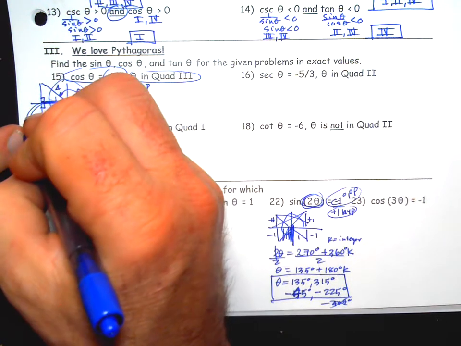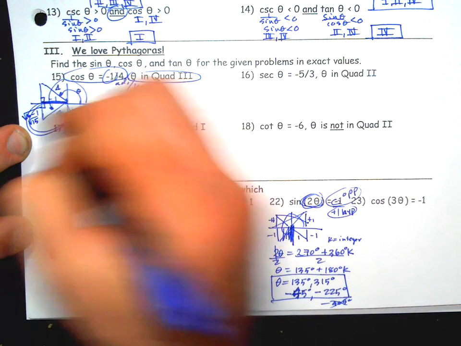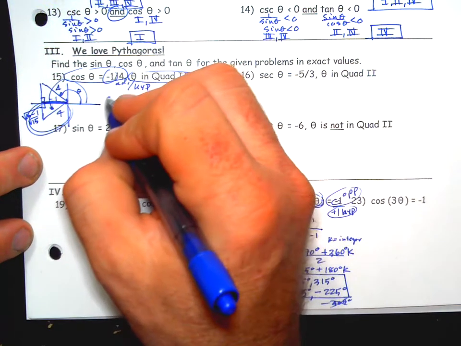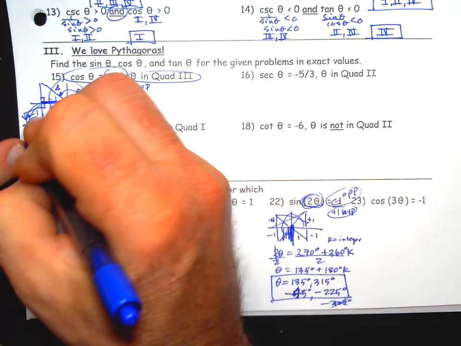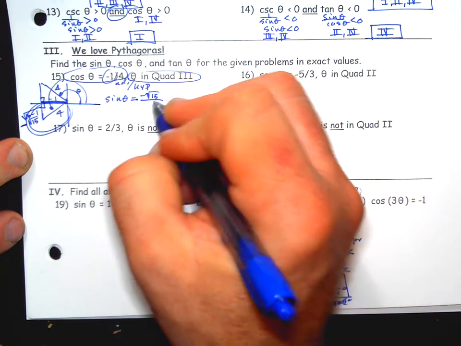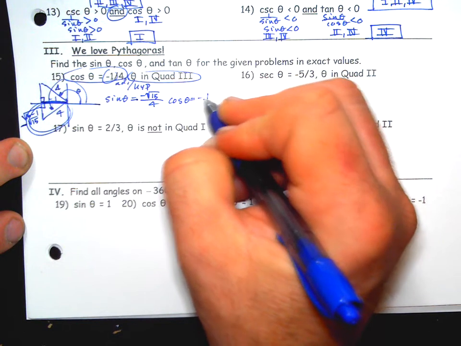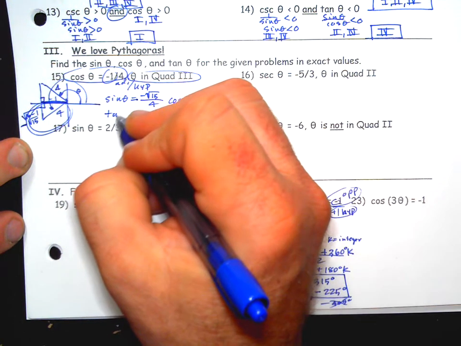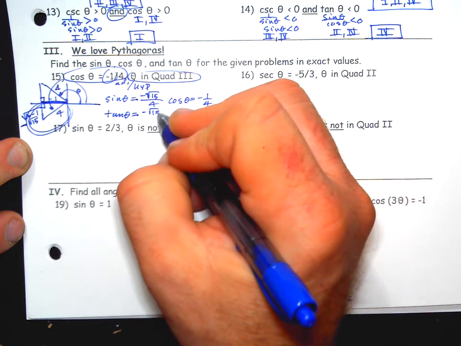So Pythagorean theorem, we're going to do 16 minus 1, square root of 15. And so then sine is opposite, negative by the way, because it's down, negative square root of 15 over 4. Cosine we already had. And tangent is opposite over adjacent.